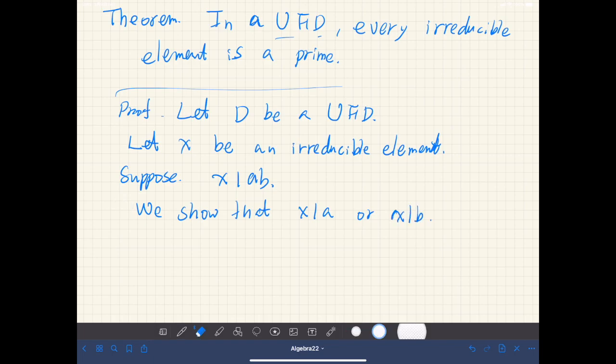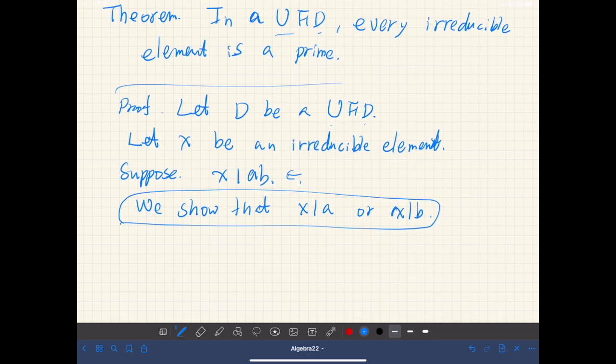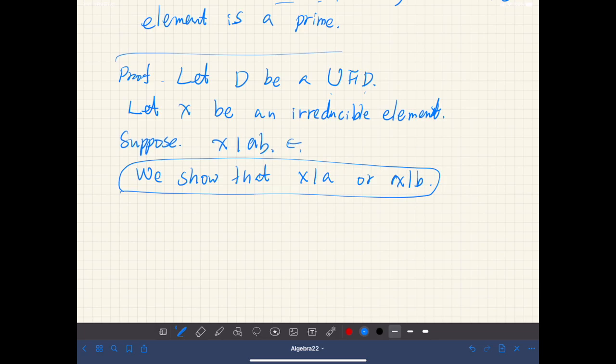So we are going to prove this starting from this, assuming D is a unique factorization domain. By assumption, there exists some element y such that xy is equal to ab.